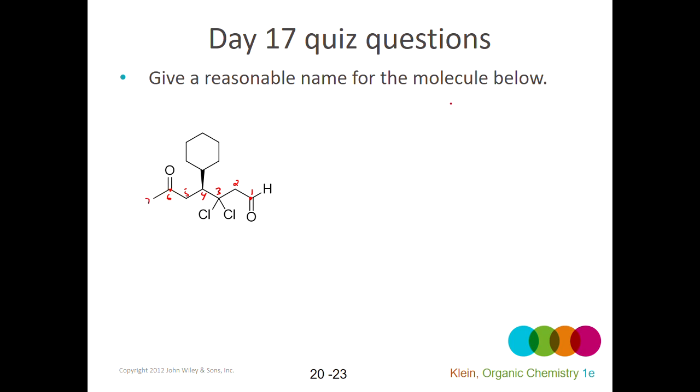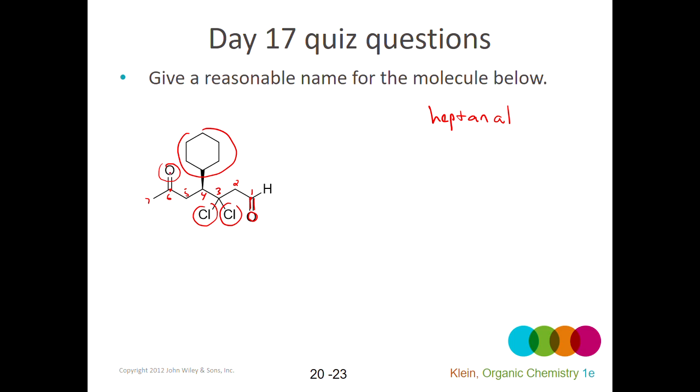So my parent is going to be hept. There's no alkene, so it's heptane. And I've got an aldehyde, so I would call it heptanal. That accounts for the 7 carbons in the parent chain and the aldehyde. Then I have to name and number the other substituents, and I can treat the ketone as a substituent in this case.